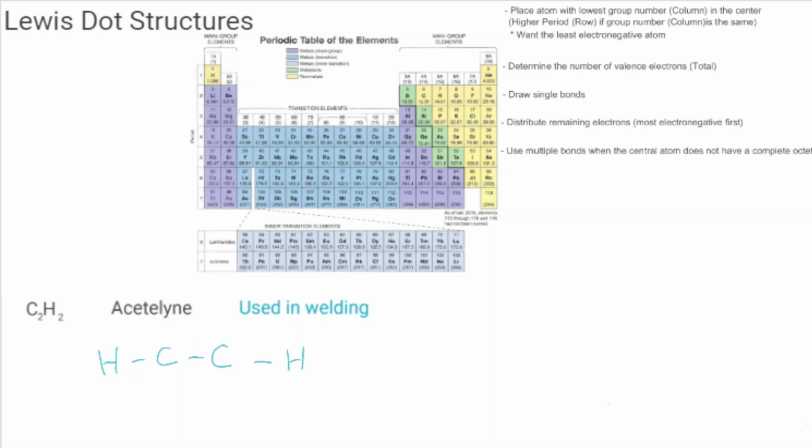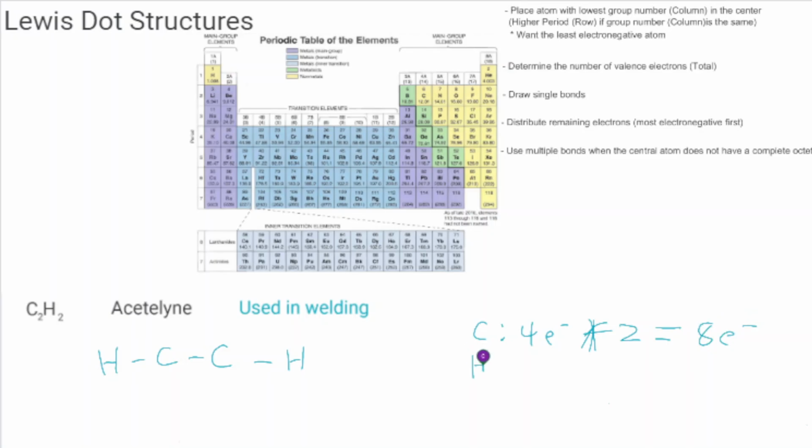And I forgot to add in our valence electrons, so let's go ahead and add those up really fast. So I'm going to start off with carbon. Carbon has 4 valence electrons. And we have 2 carbons. So that gives us a total of 8 valence electrons for all of our carbons.